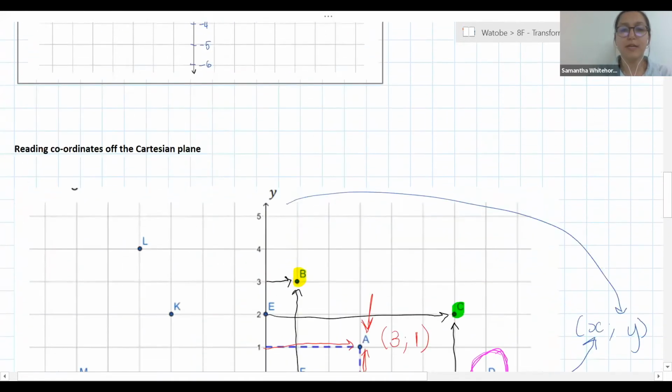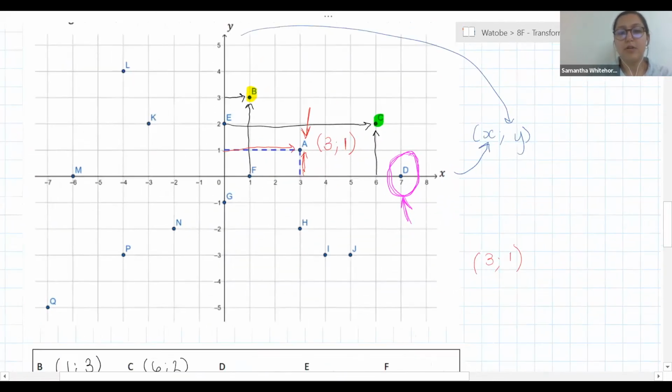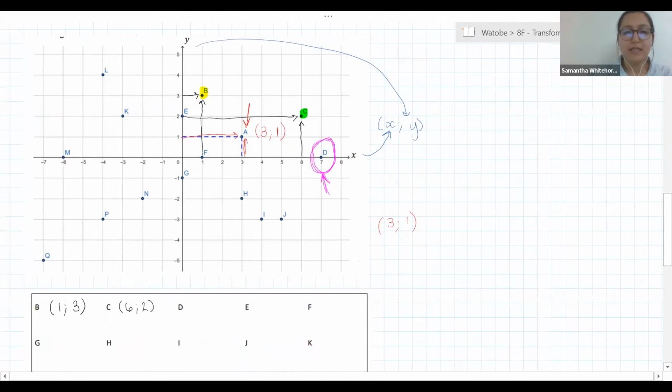And so this point D, because it's sitting on the x-axis, yes, we read off our x coordinate first, as Amahle said, but then when I get to y, because it's on the x-axis, I'm actually at 0. So whenever your y value is 0, your point is sitting on the x-axis. And that's a really important thing to remember.